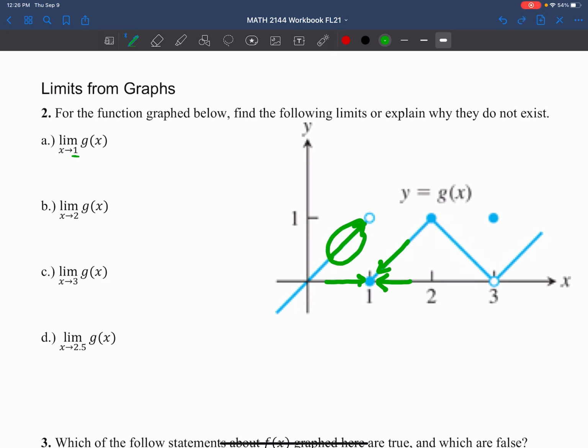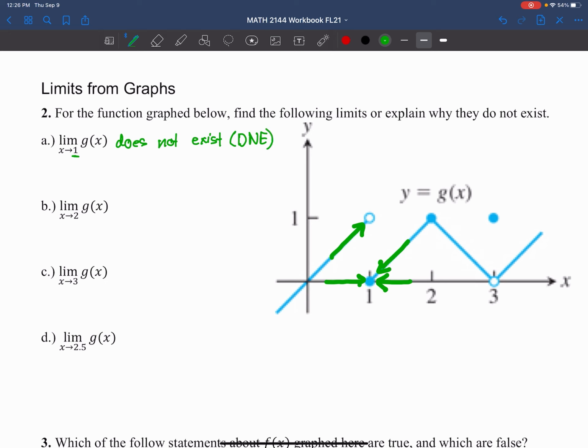This one up here is pointing at y equal to 1. This one right here is pointing at y equal to 0. Notice that they're pointing at different y values, so we'll simply say the limit does not exist. So in this case, the limit as x approaches 1 of g of x does not exist. When I'm lazy, I'm just going to say DNE, or Denis.